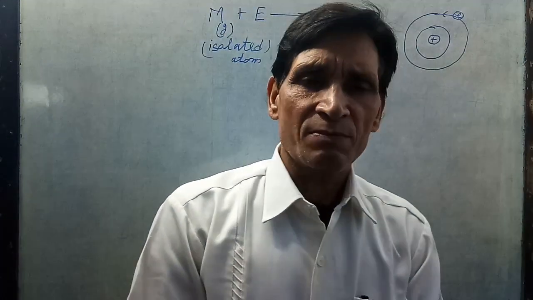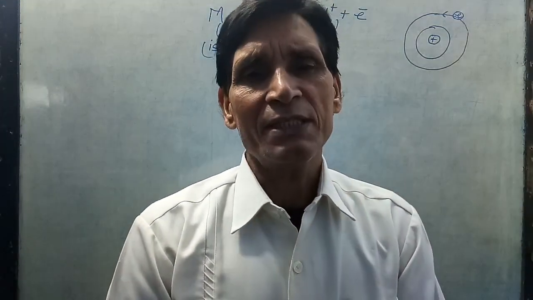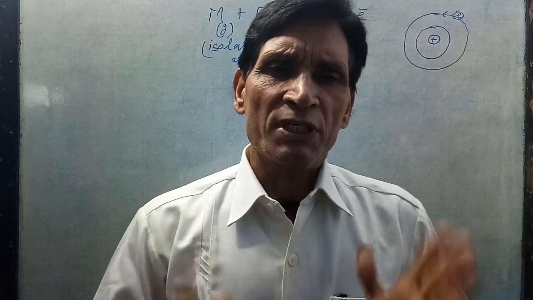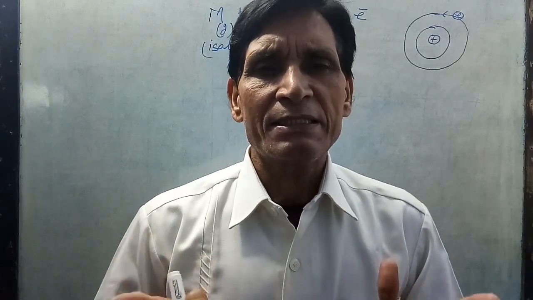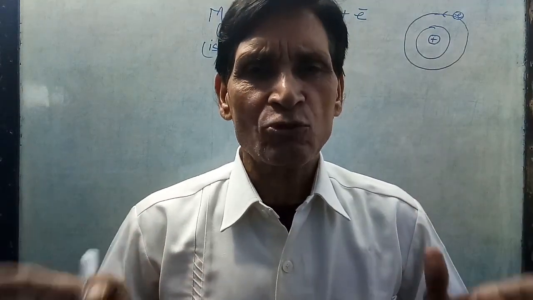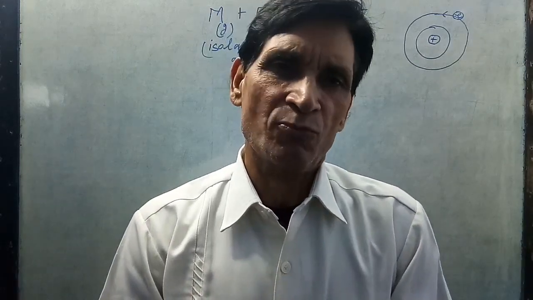Now next point, measurement. Ionization energy is measured either by a spectroscopic method or in a discharge tube containing gas or vapor of the element under study at low pressure. The voltage, the potential difference applied in the discharge tube between cathode and anode is most important.